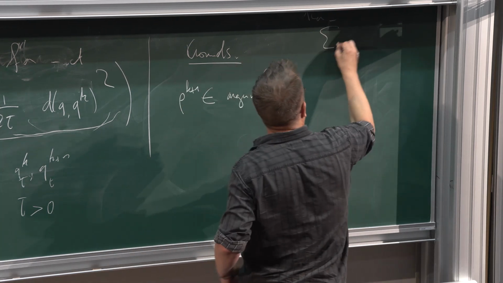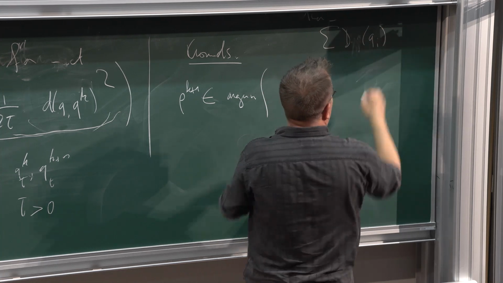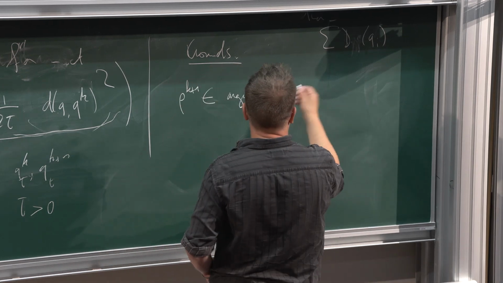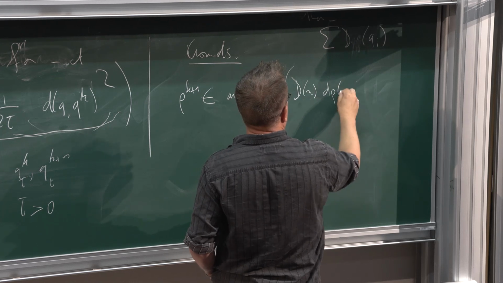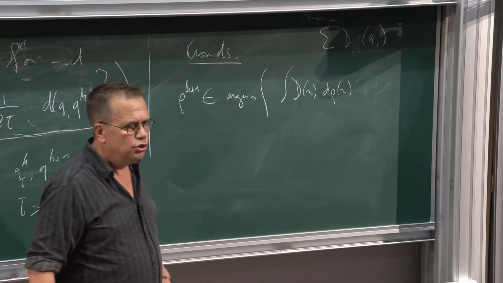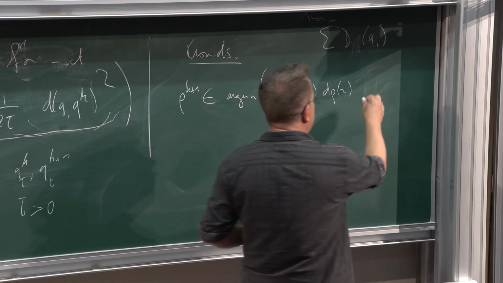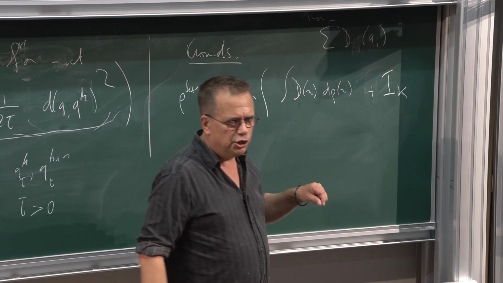If you remember well, in the microscopic situation, it was the sum of distances, okay? And here it's simply the integral of the distance with respect to the measure. So people want to minimize that to be close to the door. And then you add the indicatrix function of the constraint.